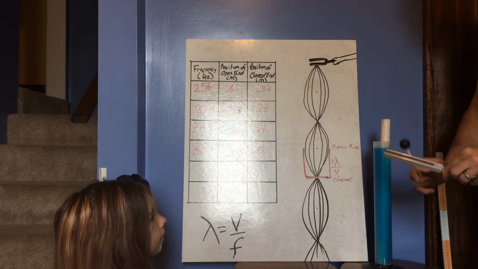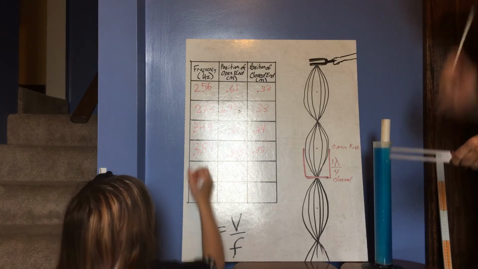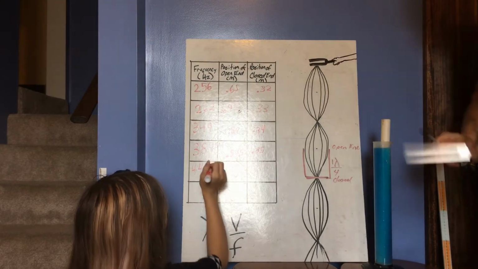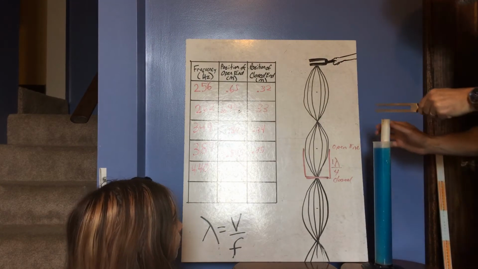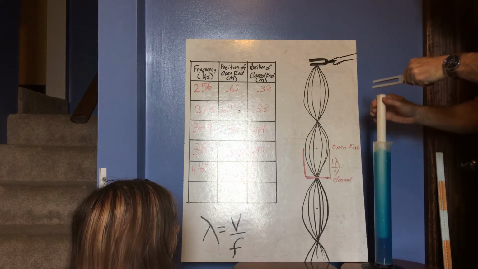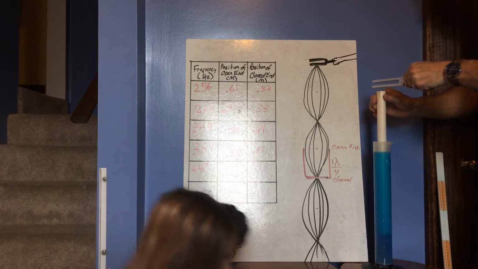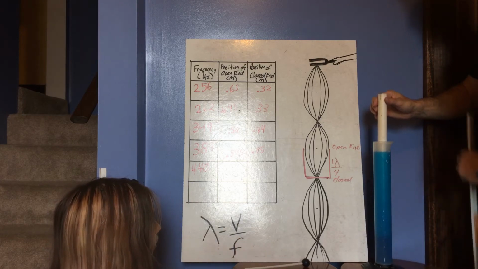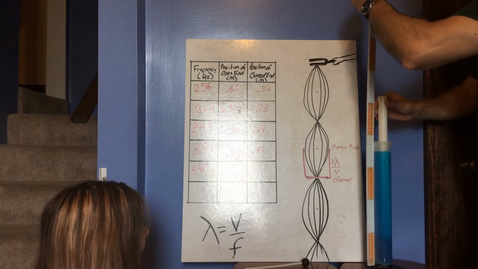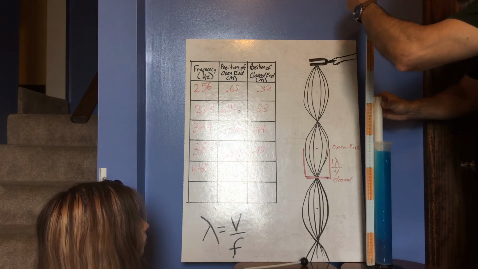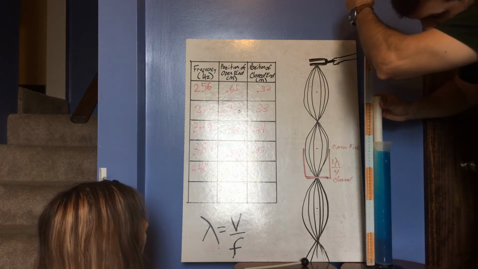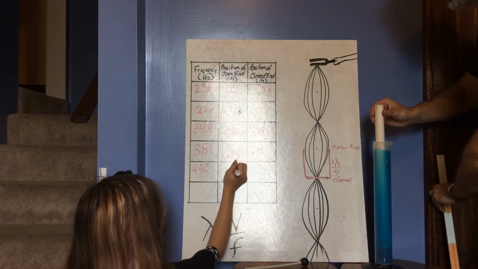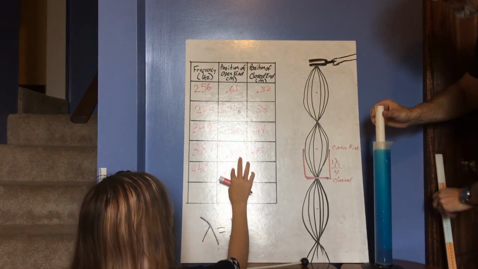The next frequency is 440 hertz. This is an A note, by the way. Boy, I have a bad feeling I changed that. So 0.52 and 0.35. Yeah. That can't be right.